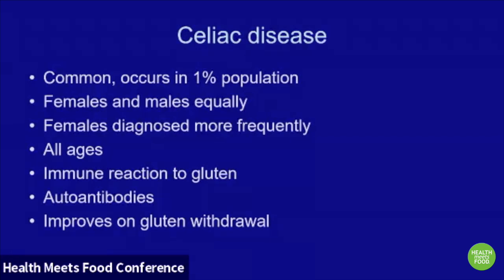It is based on immune reaction to gluten, and there are these autoantibodies that we measure, and that indicates that celiac disease is an autoimmune condition, but it's a unique autoimmune condition because it's the one that we know the environmental precipitant. We don't know what the environmental precipitant is for rheumatoid arthritis, multiple sclerosis, or type 1 diabetes. And what's unique about celiac disease is when you withdraw gluten, the patients improve.